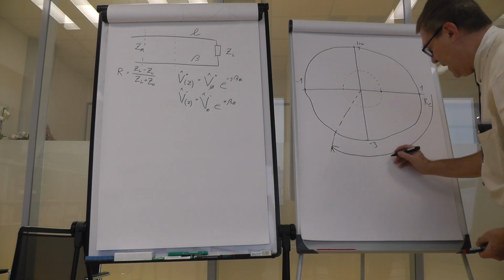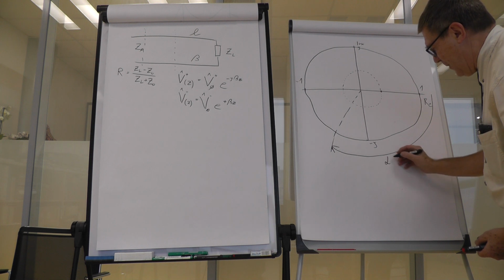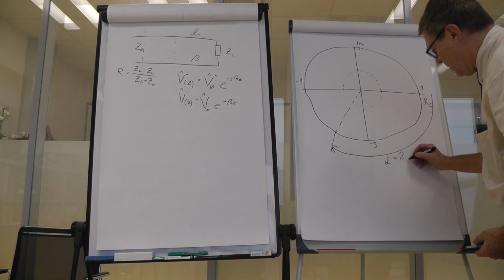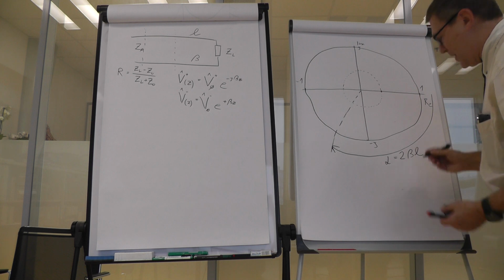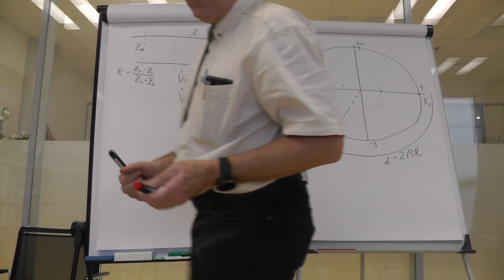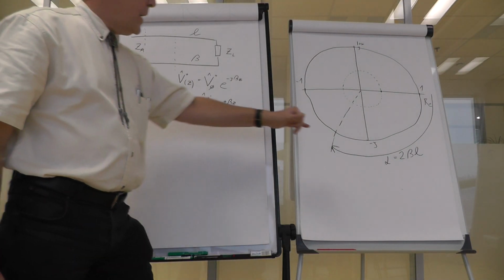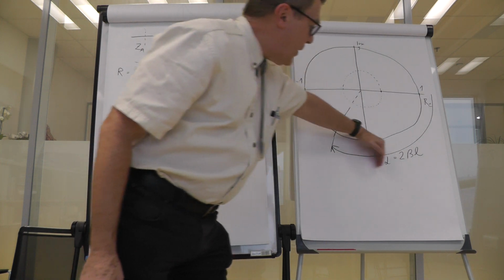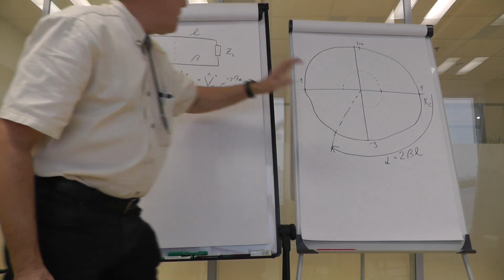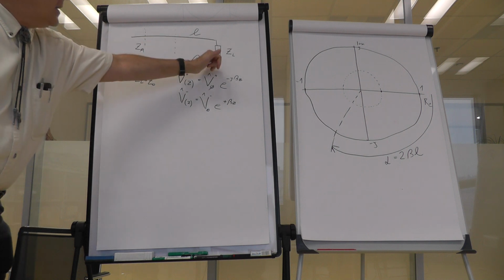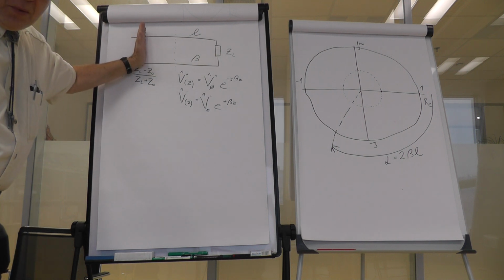This angle would be, let's call it alpha, and it is 2 beta L. So if we know the propagation constant beta, we could easily find out how long a line we should put in cascade to the impedance to get the proper reflection coefficient at the input.